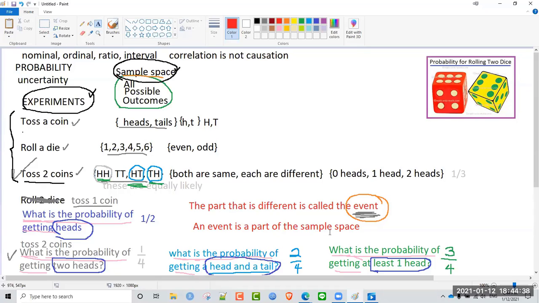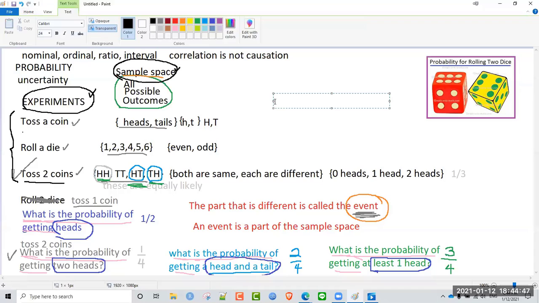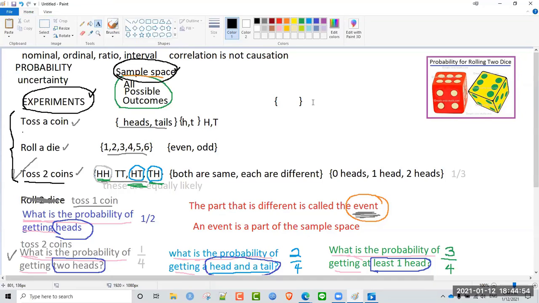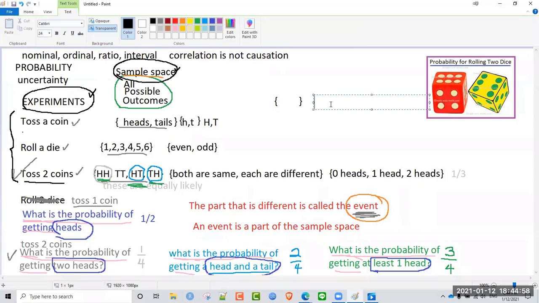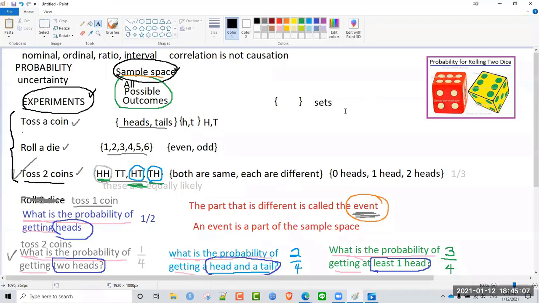Now, remember I said that I'm going to be using this symbol for sample space. What do we use these brackets for in math? A group of numbers, or a group of a set of things. Yeah, we use it for sets in math.